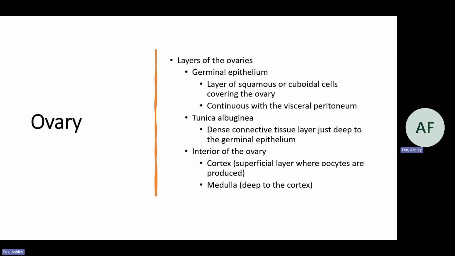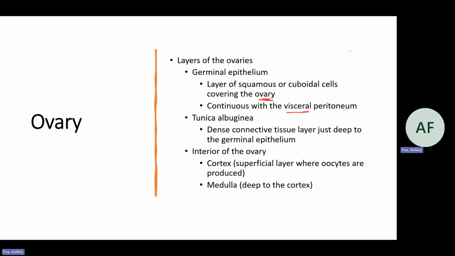So we have multiple layers, and you saw tunica albuginea when we talked about the testes. We have the germinal epithelium. That's going to be covering the ovary and actually continuous with visceral peritoneum, so kind of looking at the covering we have of the abdominal cavity and the abdominal organs in the abdominal cavity.